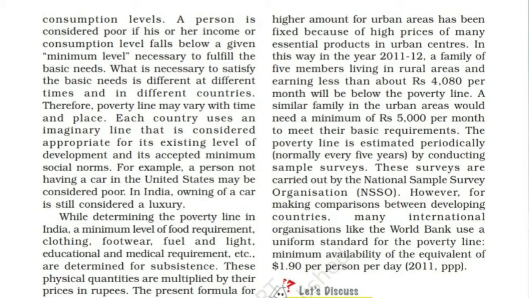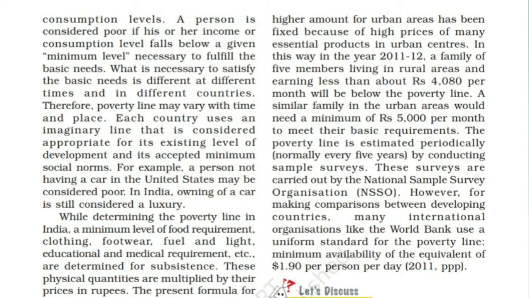So here, according to the World Bank, the uniform standard of the poverty line created by the World Bank, what is that? $1.90 per person per day needed for fulfilling the basic requirement, and the people who are earning less than $1.90 in a day, those people are considered as what?